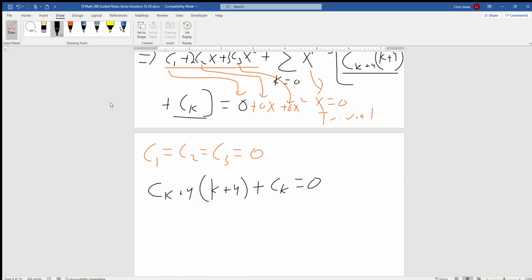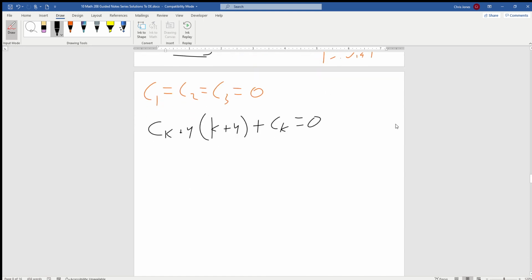And that's our generating function. In other words, we can write this as c sub k plus 4 is equal to the opposite of c sub k, divided by k plus 4.